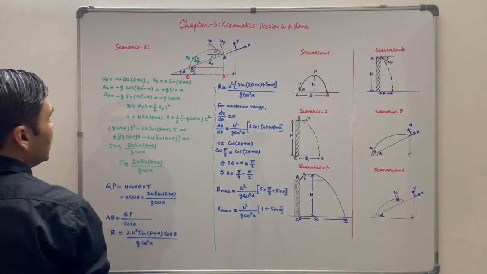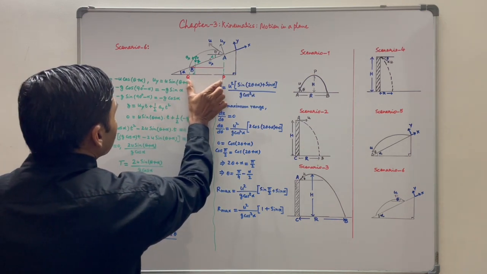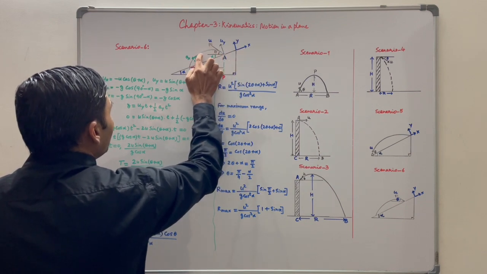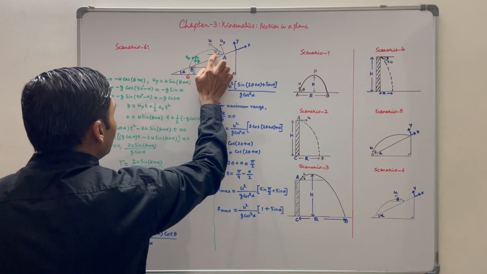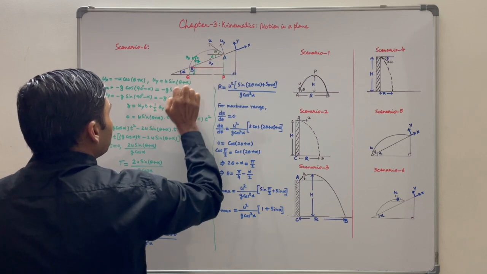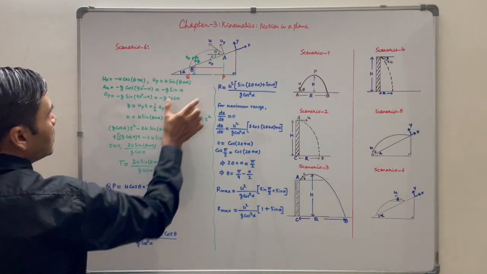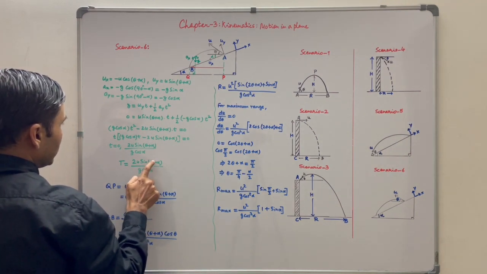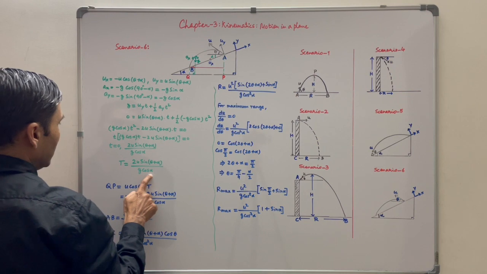g cos alpha. Now, QP can be calculated as component of u parallel to horizontal, that is u cos theta, into time of flight. So, QP is equal to u cos theta into 2u sin(theta plus alpha) upon g cos alpha.